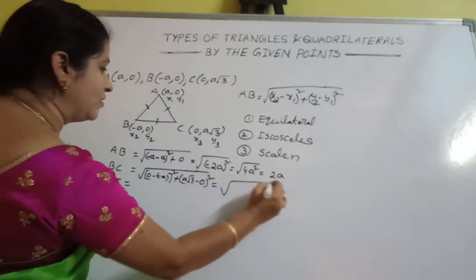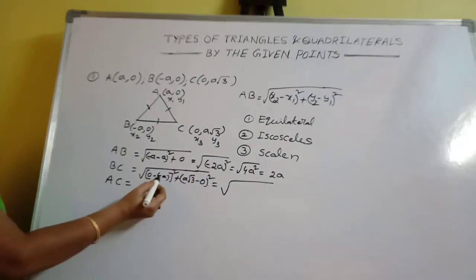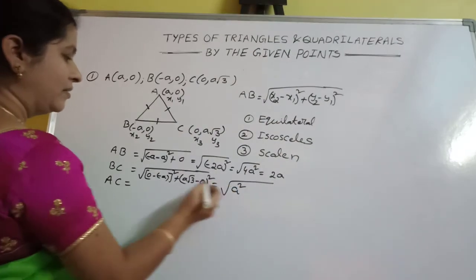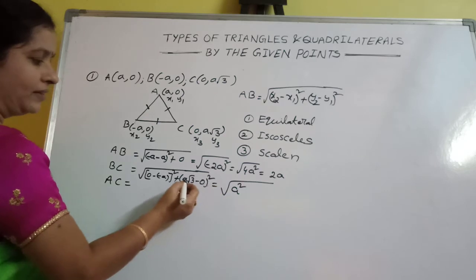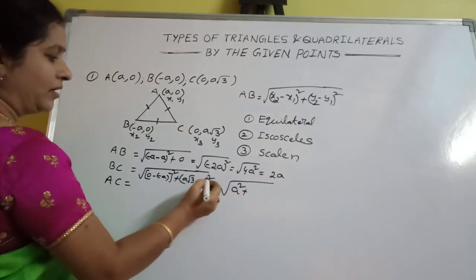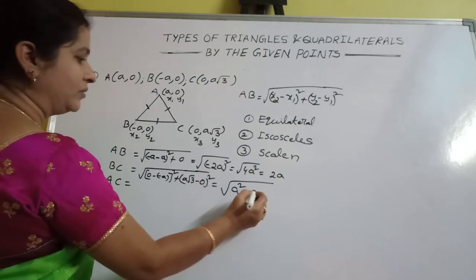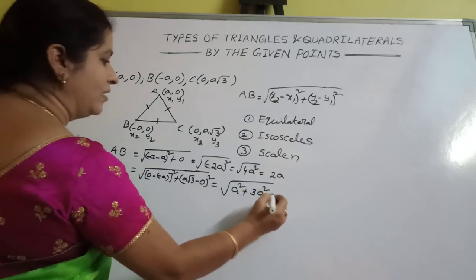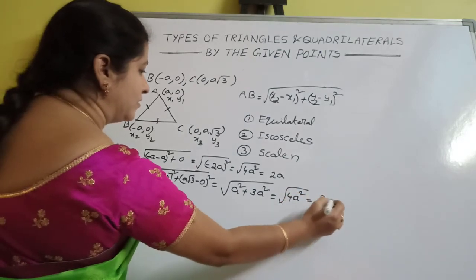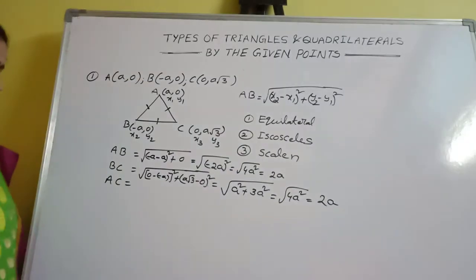Here y2 value is a root 3 and y1 value is 0. Minus into minus, a plus a, so a square. Here we are squaring a root 3, so (a root 3) whole square means a square into 3, that is 3a square. Again you got 4a square, so it is also equal to 2a.